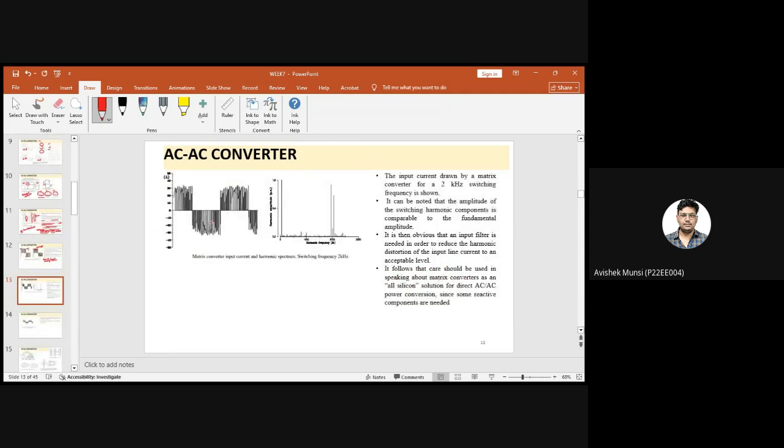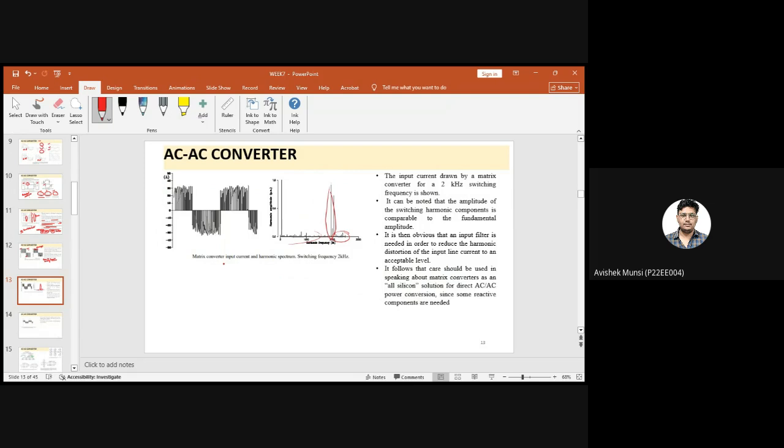Next, if you see the input current diagram and the harmonic spectrum here, this is for 2 kilohertz. You will see that we have our fundamental high. So we can see that the amplitude of the switching harmonic components are lesser compared to the fundamental amplitude.